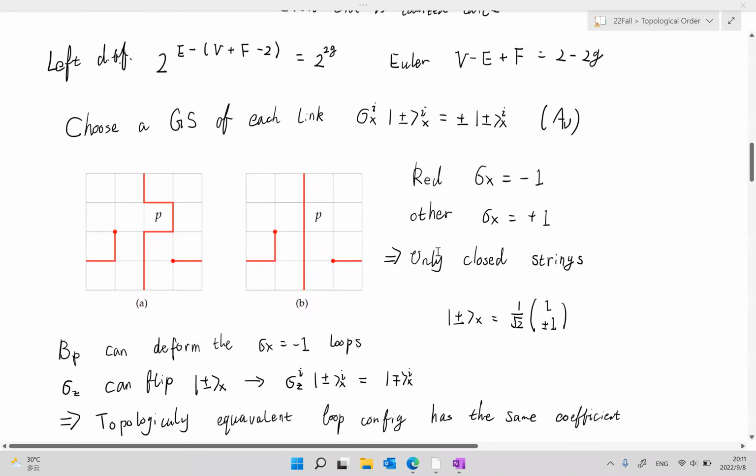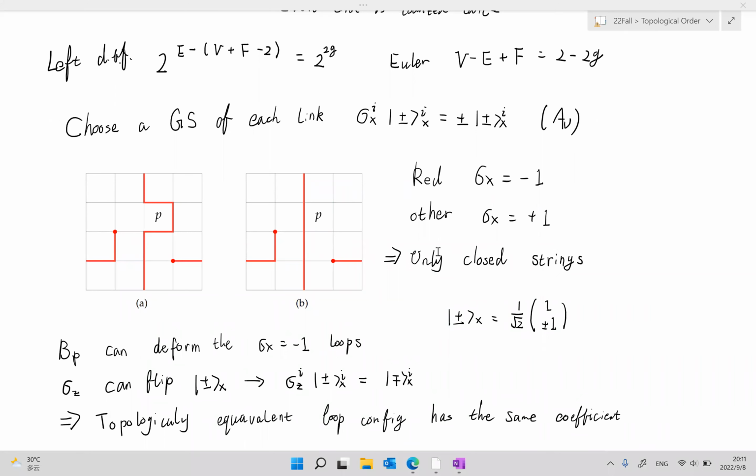Now let's see. We recall that we have the A_V operator, which is the product of four sigma x on the vertex.